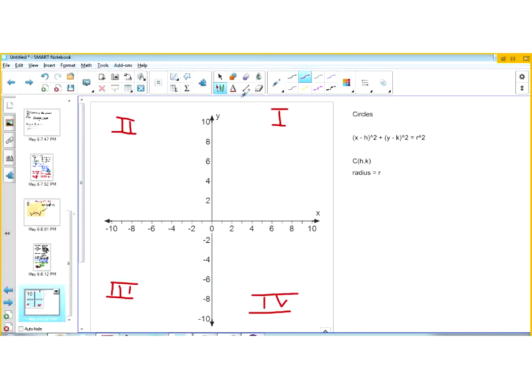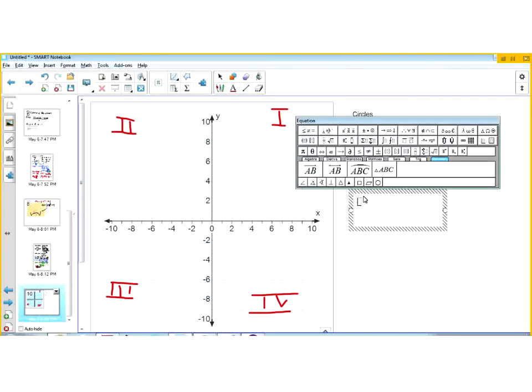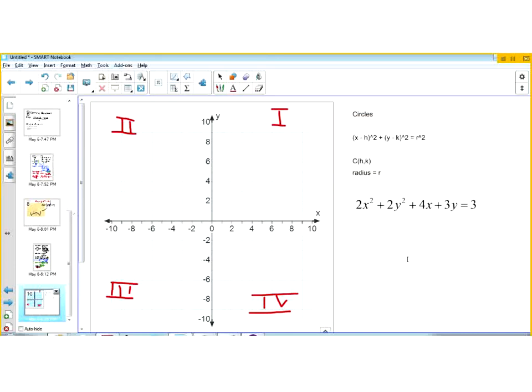Say I ask you to graph this equation. Let me use the equation editor, it looks cleaner. 2x squared plus 2y squared plus 4x plus 3y is equal to 3.